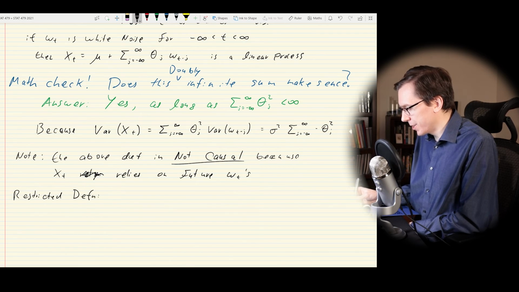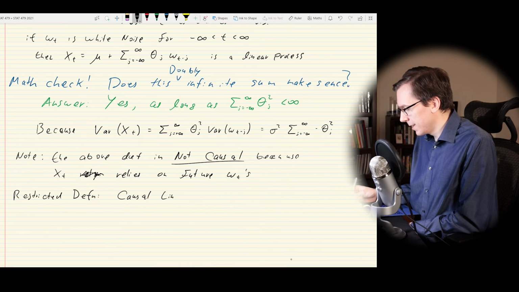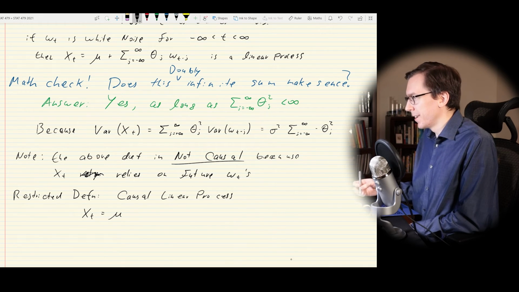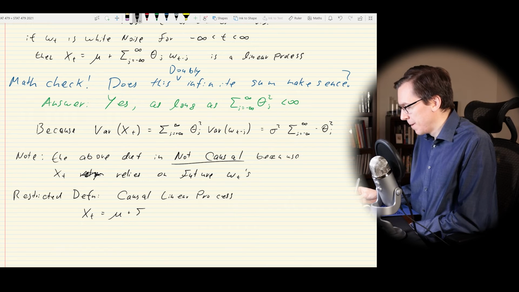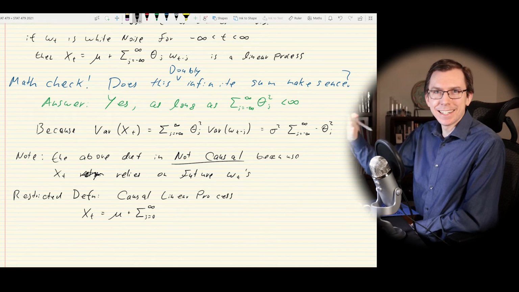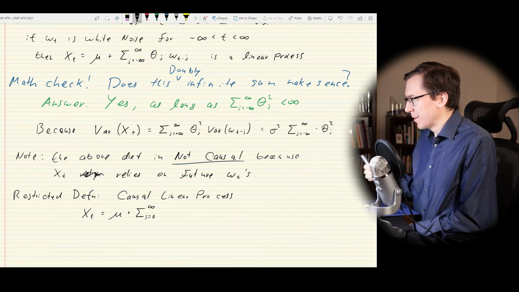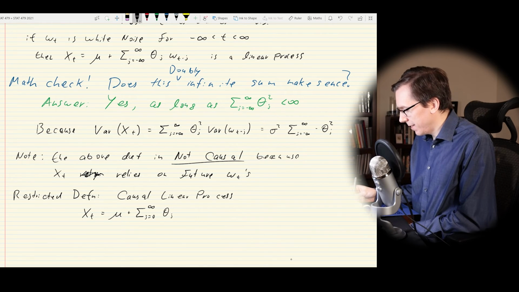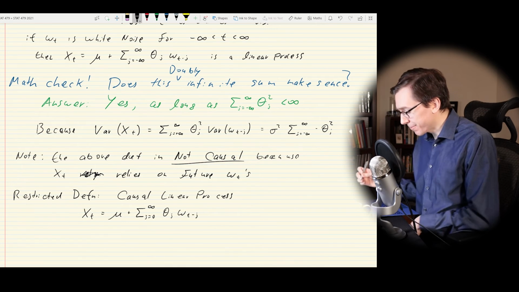The restricted definition, a causal linear process, is that x_t equals mu, our constant mean term, plus, taking j from 0 to infinity, so now we're not going to minus infinity, the sum of theta_j w_{t-j}.